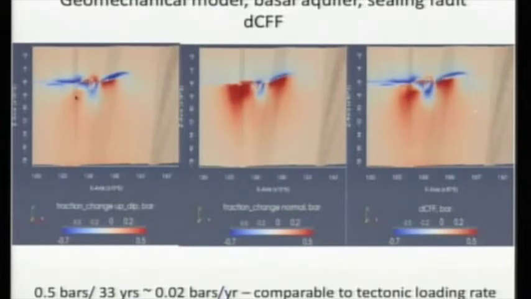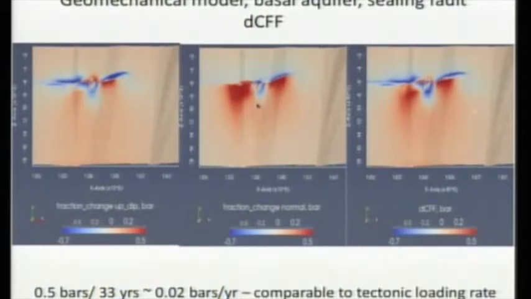Except in the area of the injector, where the increase in pressure tends to promote thrust faulting. Similarly below, the pressurization tends to reduce the effect of thrust faulting, and the effect of production increases the shear stresses. So this is the shear stresses.